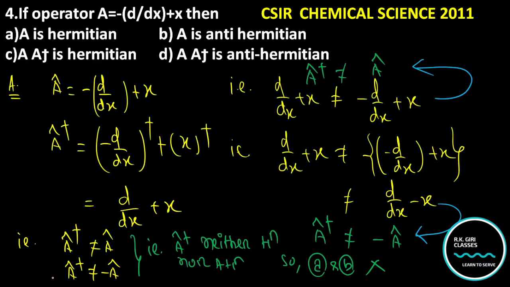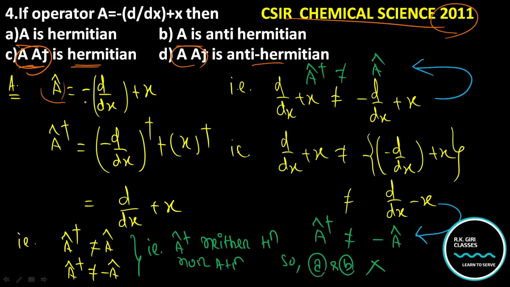Coming to the next point, if you have to find out, if operator A is equal to minus d by dx plus x, then is A Hermitian, is A anti-Hermitian, then A cap dagger, you have to find out whether it is Hermitian or not. Is A cap dagger anti-Hermitian or not? This is a 2011 question, CSIR chemical science, right?